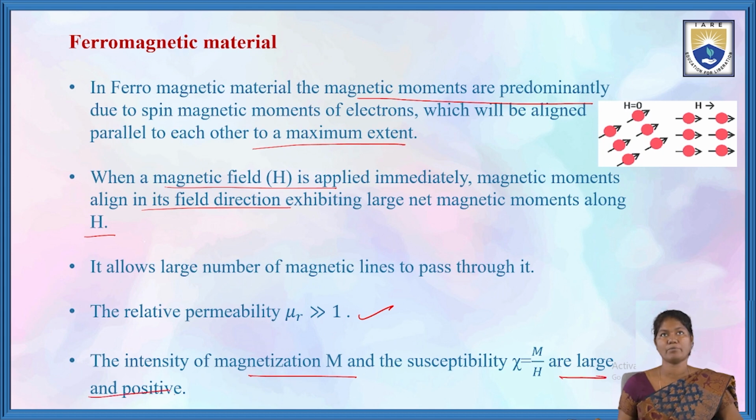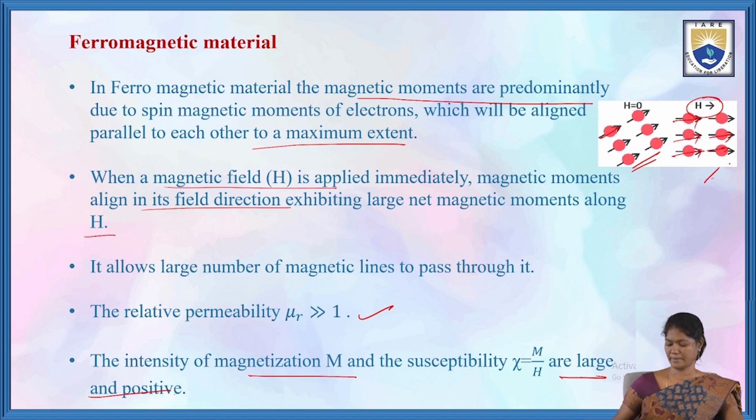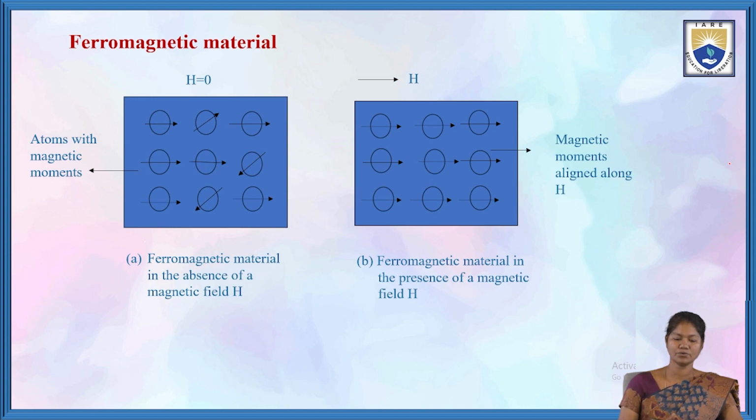In this ferromagnetic material, already up to some extent the magnetic moments are aligned in the absence of a magnetic field, and then some magnetic field is applied. So all the magnetic moments align along the field direction. These are the atoms with magnetic moments.